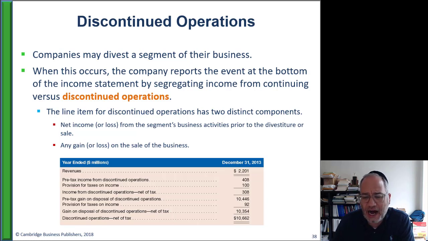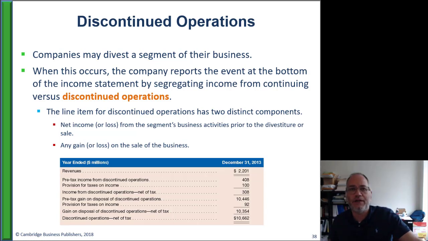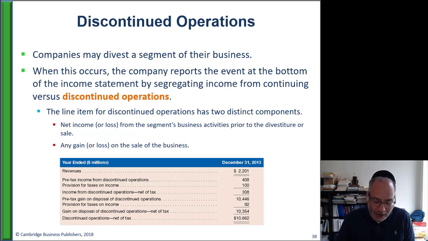Discontinued operations is another strange item, and it goes to the way bottom of the income statement. And for us, it's particularly important because we have to know to ignore it. Discontinued operations would be recorded at a time when a company decides to sell or close down a segment of their business.